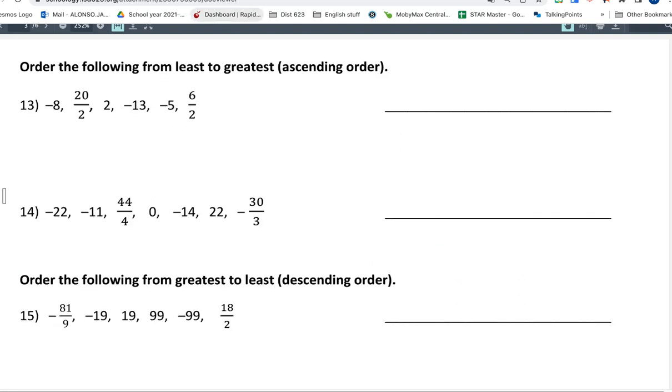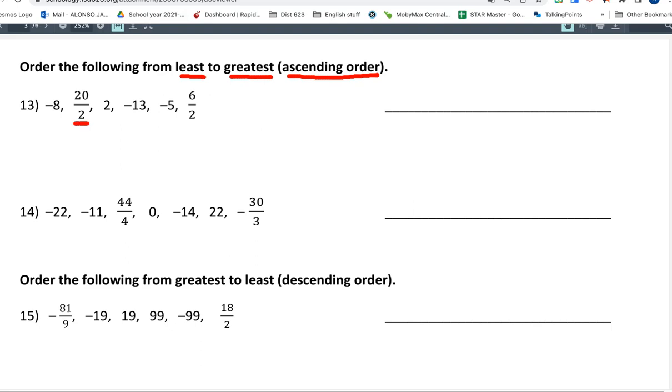Here we are going least to greatest. That means ascending. So you're going to start with the smallest to the greatest.